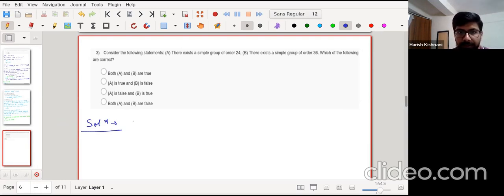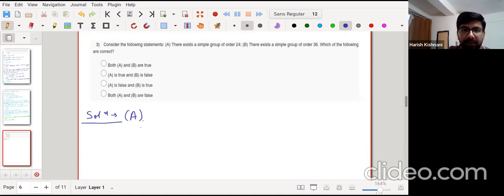So for 24, let's say there is a simple group of order 24. Let the order of G be equal to 24. What is 24? It's just 2 raised to 3 times 3.